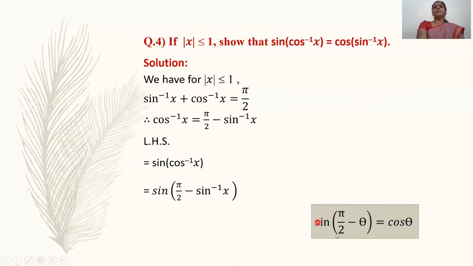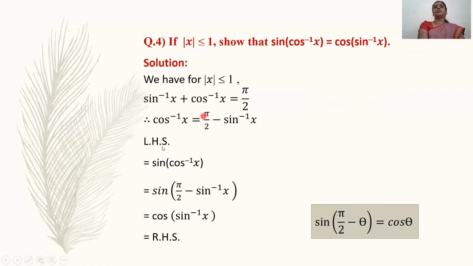Then I will use this formula from the allied angle table: sin of pi by 2 minus theta means cos theta. Here theta is sin inverse x. Therefore, the value will be cos theta, and instead of theta, you keep this function here. We will get cos of the bracket sin inverse x, and this is nothing but the right hand side of our given problem.